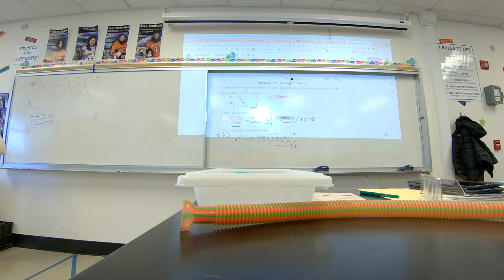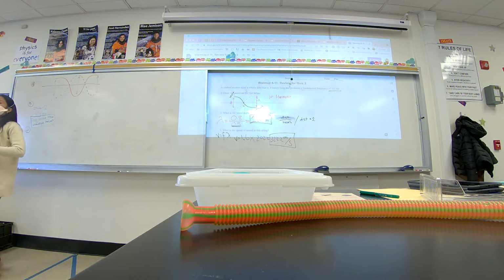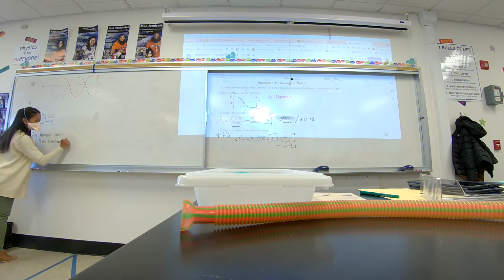So this is your second harmonic. The third harmonic would end up with 1, 2, 3, 4 antinodes, so on and so forth. So that's a pattern I'm going to add here. As harmonic increases, one thing you want to know is node and antinode increase by 1.